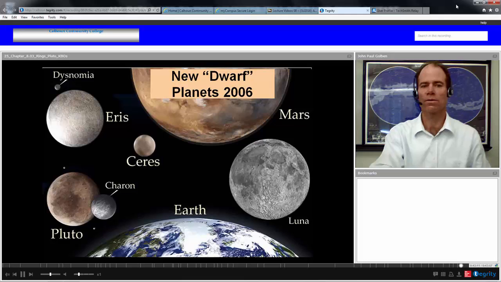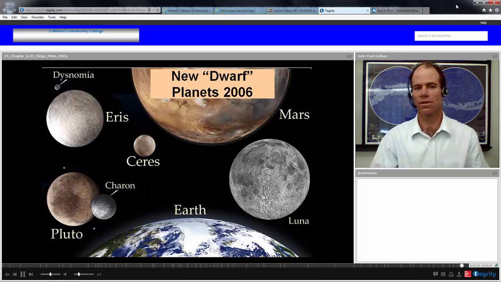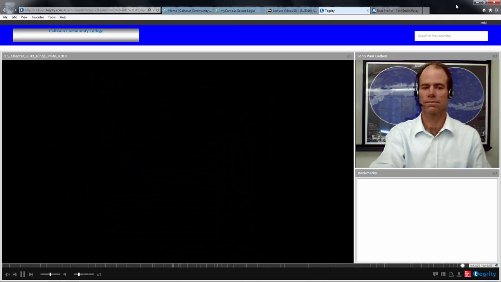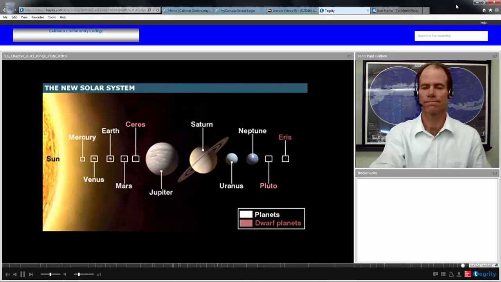And now Eris is a dwarf planet as well, with its moon Dysnomia. So as we look at our new look at the solar system, we have the 8 planets. We have the dwarf planet Ceres in the asteroid belt. We have Pluto, and we have Eris, and maybe more to come.